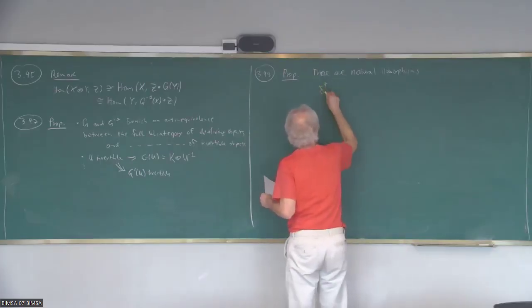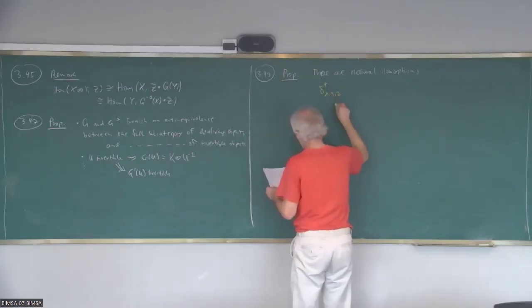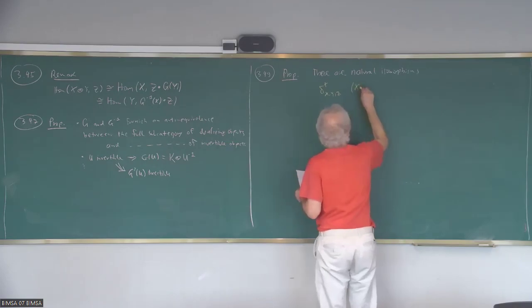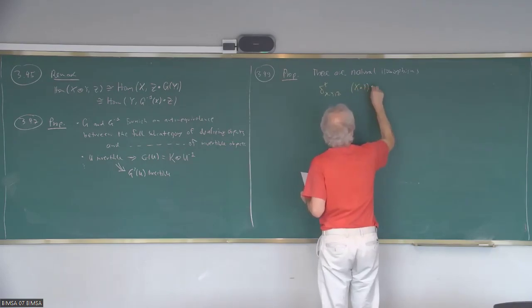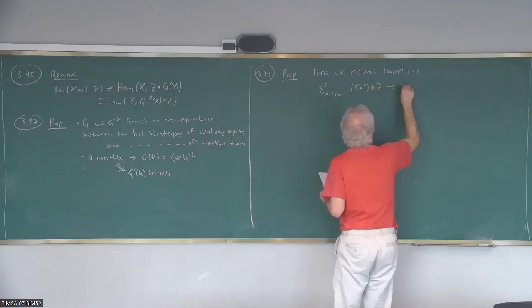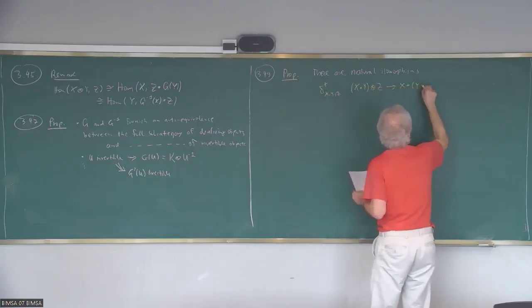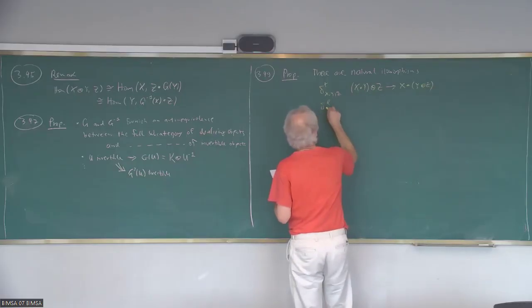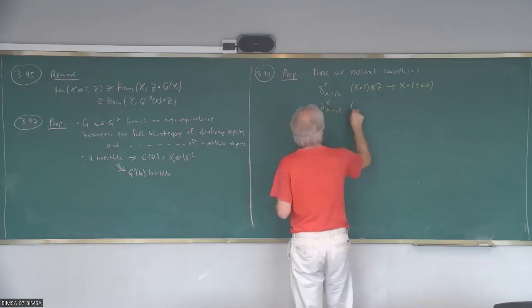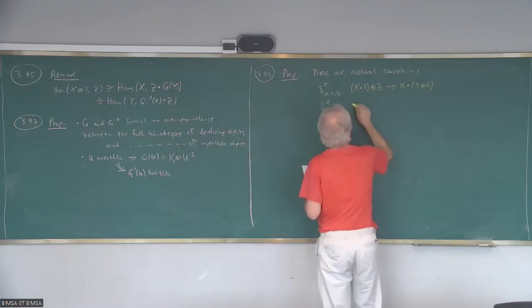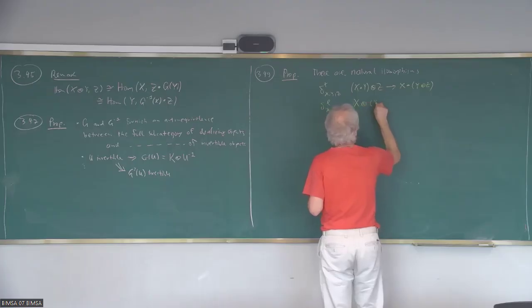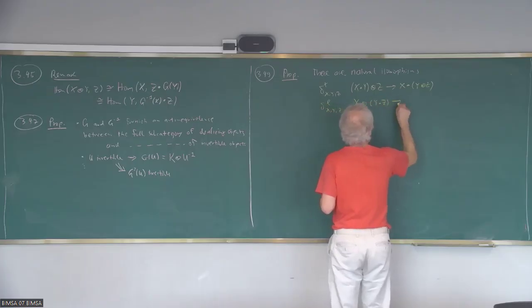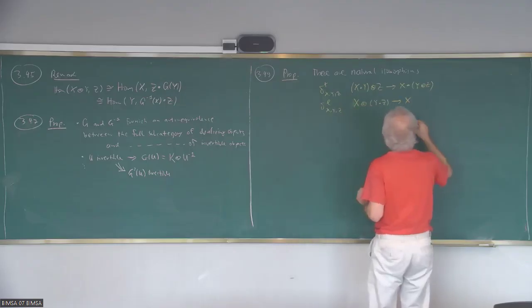One I call delta R, x, y, z, from x blob y tensor z to x blob y tensor z. And one which I call delta L, x, y, z, from x tensor y blob z to x.